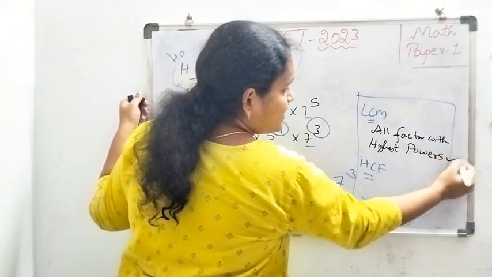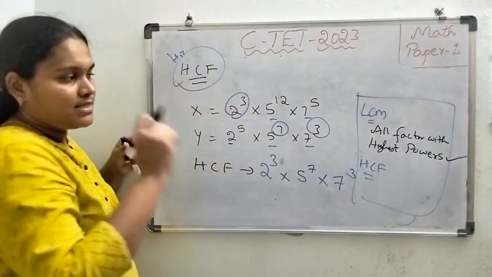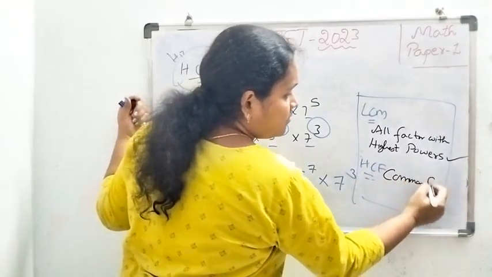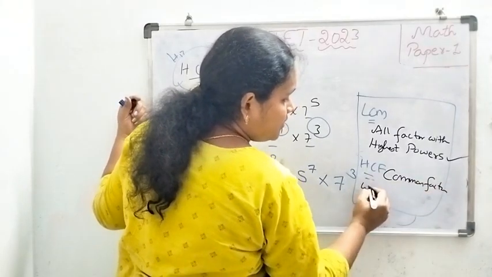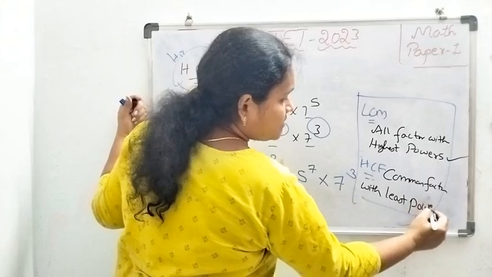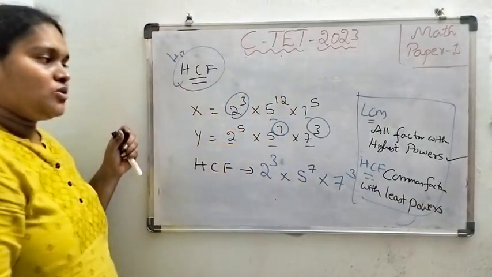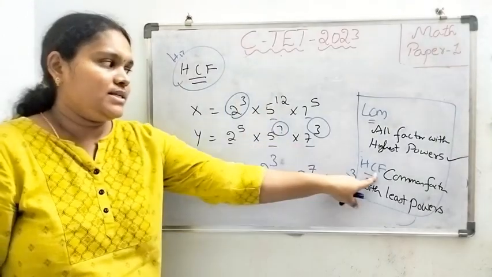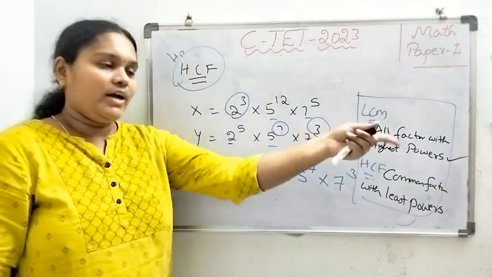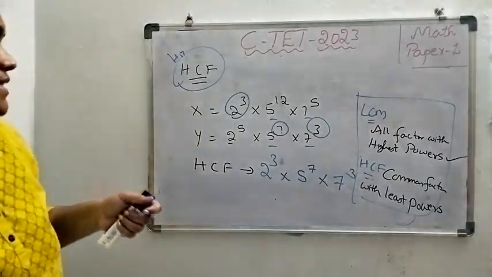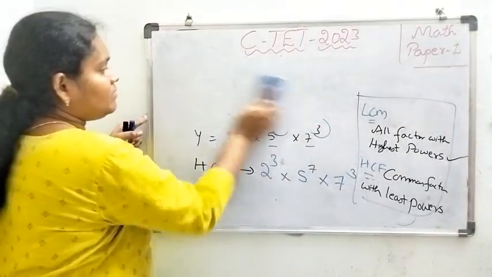For HCF, it means common factors with least powers. So common factor and least power, that is HCF. For LCM, all factors and highest power we considered. Okay, so this is about LCM and HCF.